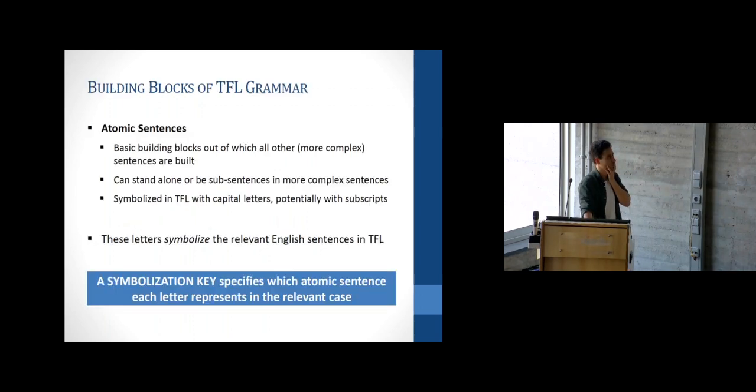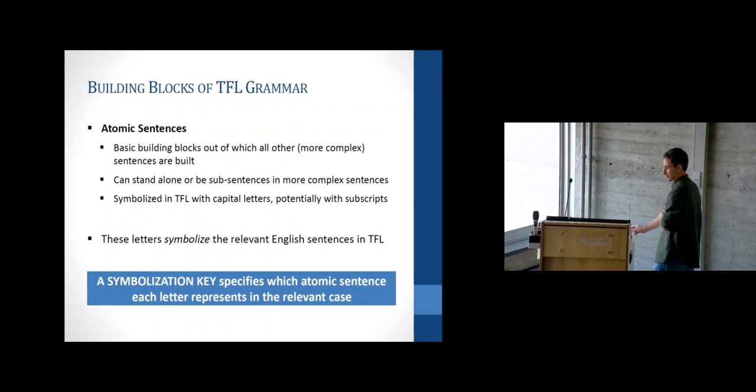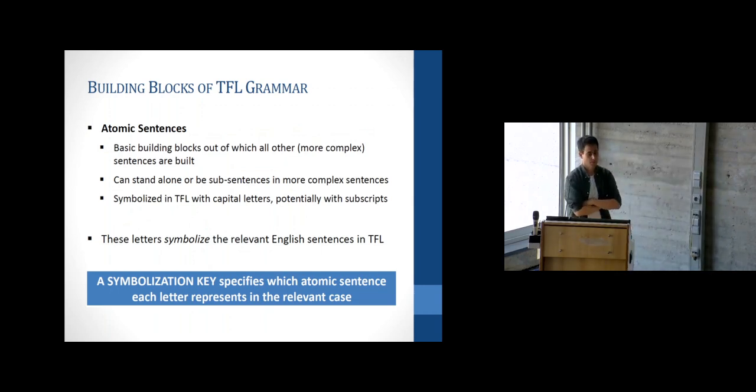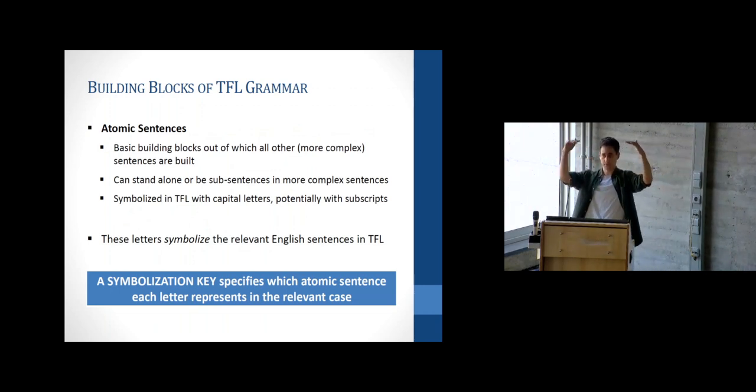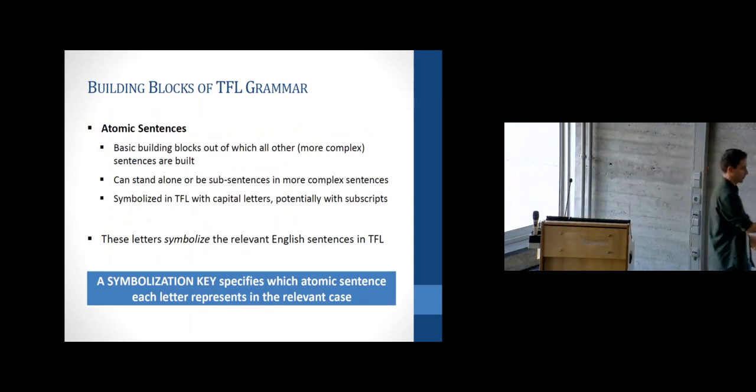Okay, so let's jump into the grammar of truth functional logic. So this is something that we've seen last time. Atomic sentences are the building blocks out of which all other more complex sentences are built in truth functional logic, and we will see more of this today. They can stand alone.